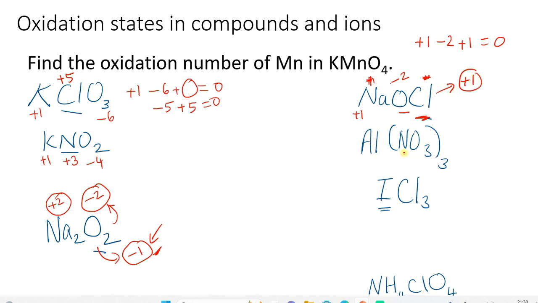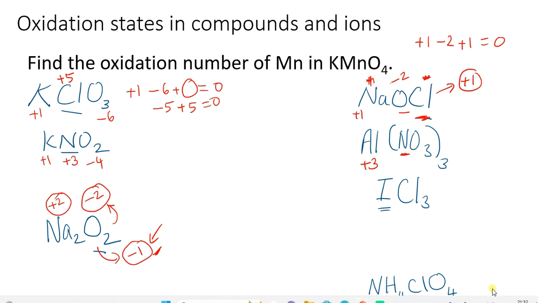Aluminum nitrate, so we need the oxidation state of nitrogen here. Aluminum is in group 3, so I'm going to put +3 here. You have to be careful with this because you need to expand this out. So 3 times 3. You don't have to actually do this if you know the NO3's oxidation number is -1 already.